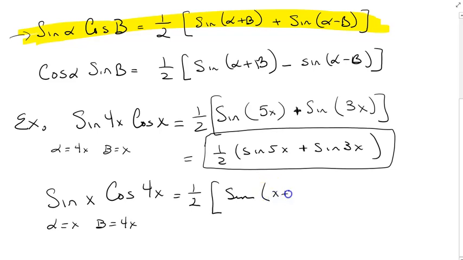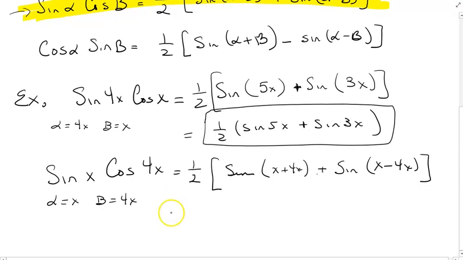It's x plus 4x minus sine. But then it becomes x minus 4x. So you got to be careful if you were to have any negatives here. So again, we have sine 5x plus sine negative 3x.